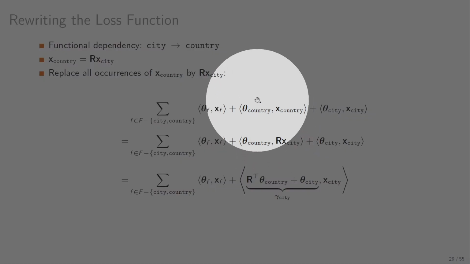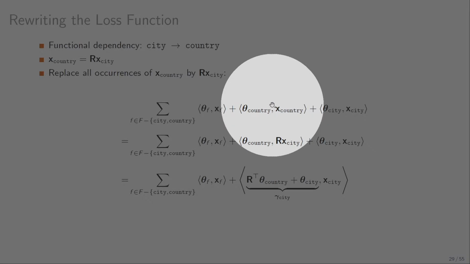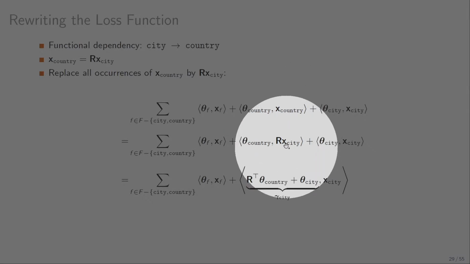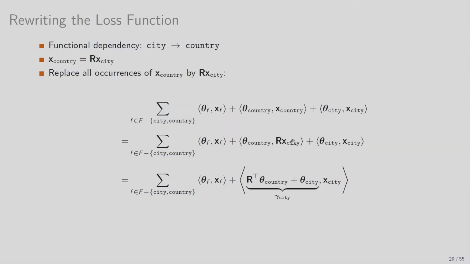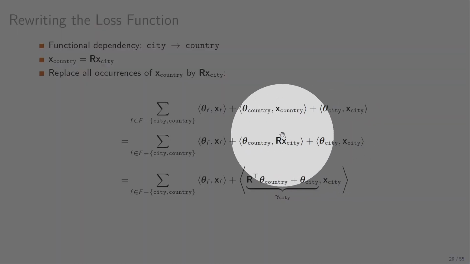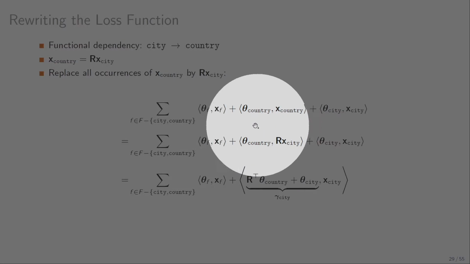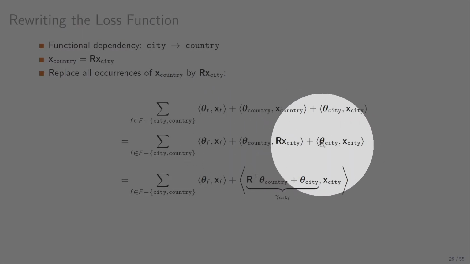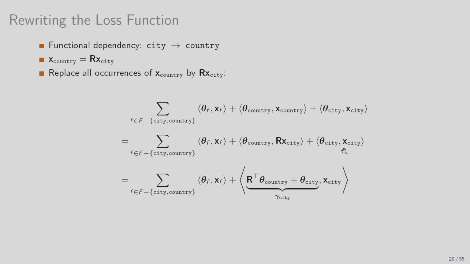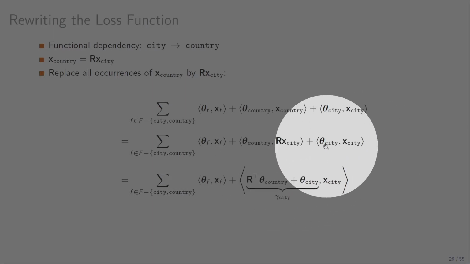So I didn't do anything, I just took these two away from this sum. And then the second step is, instead of the x country, I put R x city, because this is the identity we are given, right? So if we do this, then we can move R to the other side in the dot product and take it as a transpose. And then we have R transpose theta country plus theta city in a dot product with x city, which is exactly what we have here.